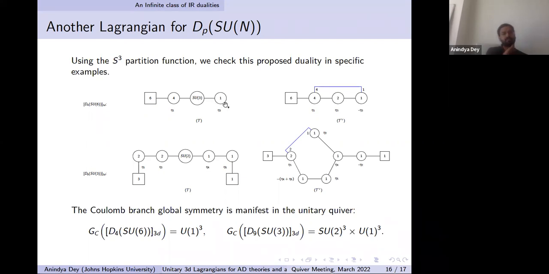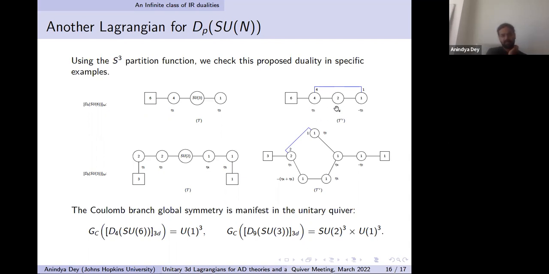Okay, so for example, just to give you an example, this guy has a Coulomb branch symmetry of U1 cubed. Okay, one of the U1s is emergent. So there's a U1 from here, there's a U1 from here, but there's also a U1 from here. Now from the unitary quiver, this becomes manifest.